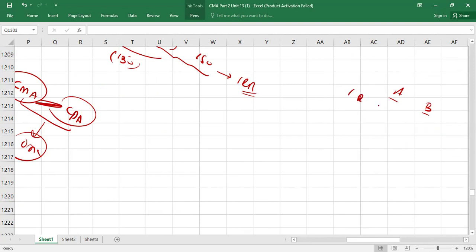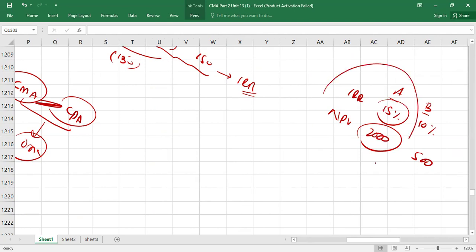We calculated IRR: it is 15% here and 10% there. Based on IRR, this project is better. We calculated NPV: it is 2000 here and 500 there. Based on NPV, again, this project is better. So both methods give the same decision. IRR says accept project A, NPV also says accept project A.